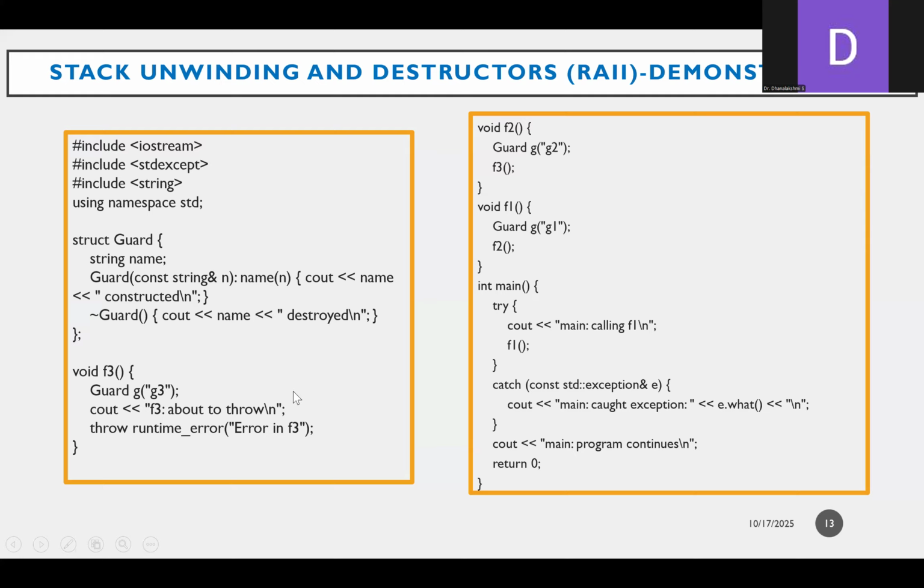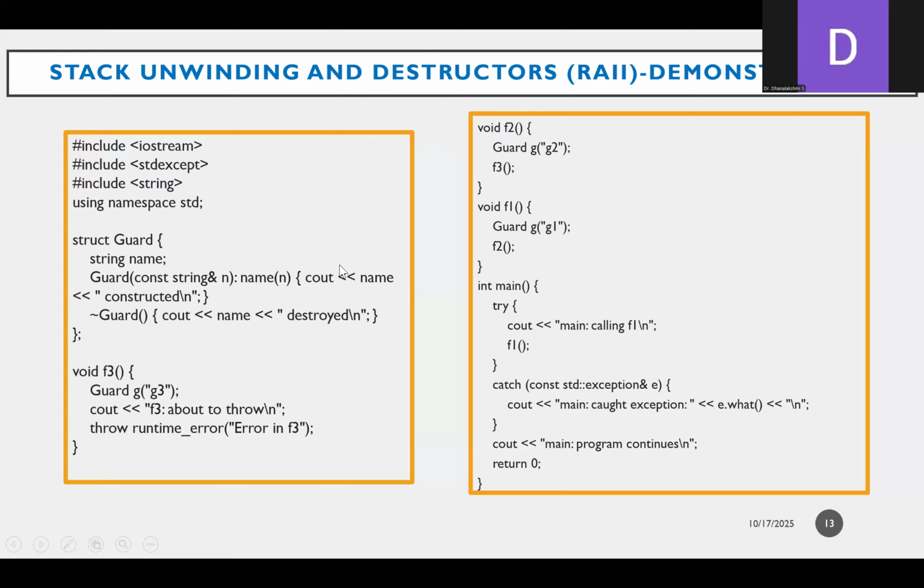The next line will print "F3 is about to throw". Then throw runtime error, that is "error in F3", will execute. An exception is thrown here and the normal execution of F3 will stop immediately. So the stack unwinding begins here.